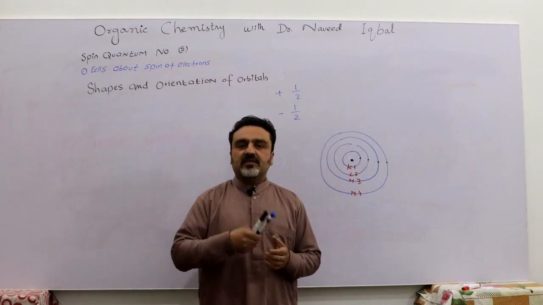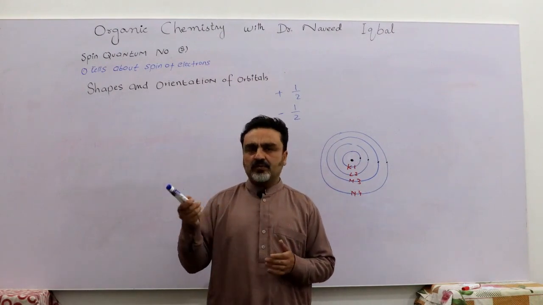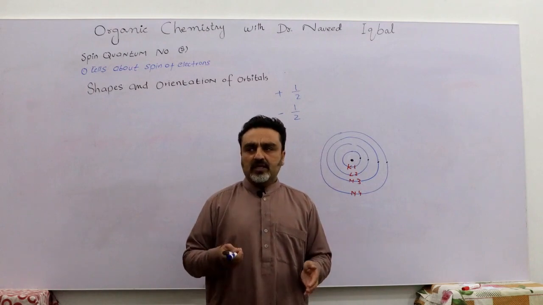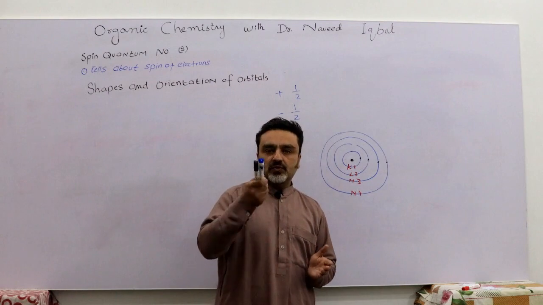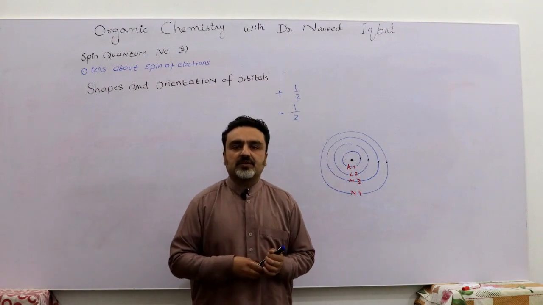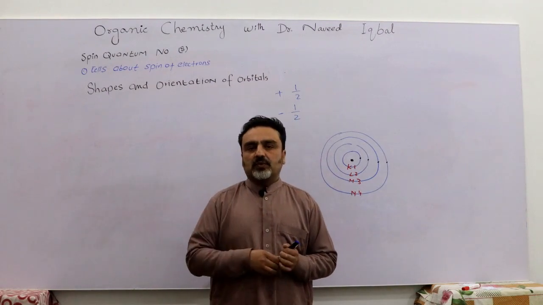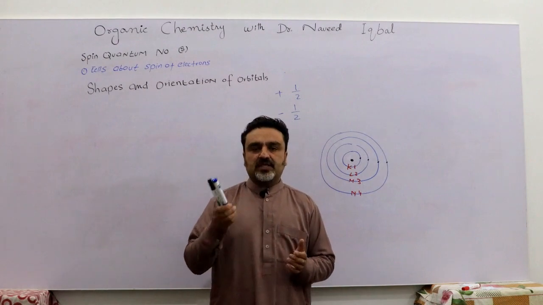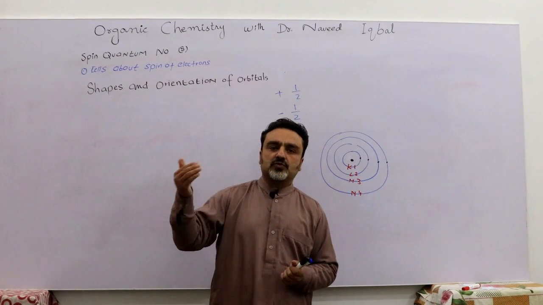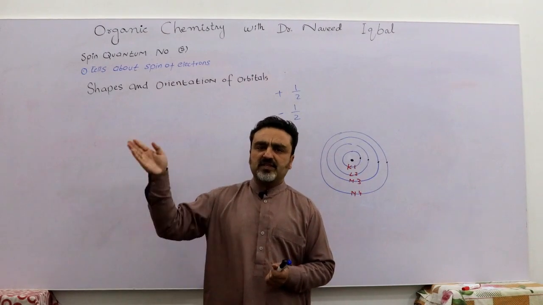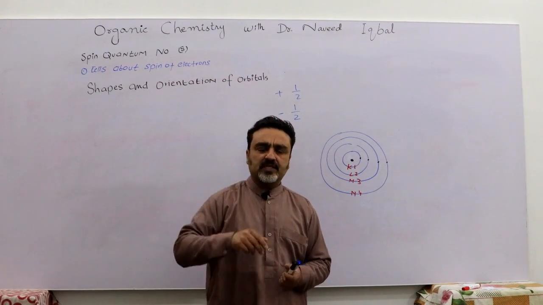For example, let me give you an analogy. If someone wants to know where someone lives, he first confirms the city, then goes to the block where he lives, and finally to the room or the apartment where he is living.